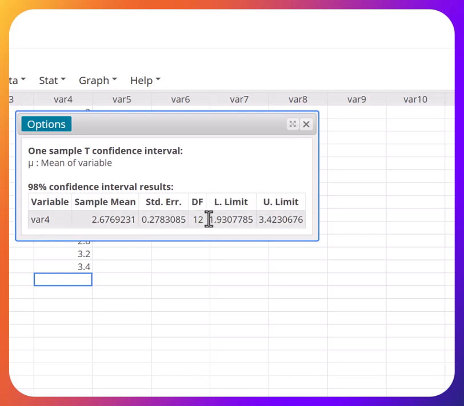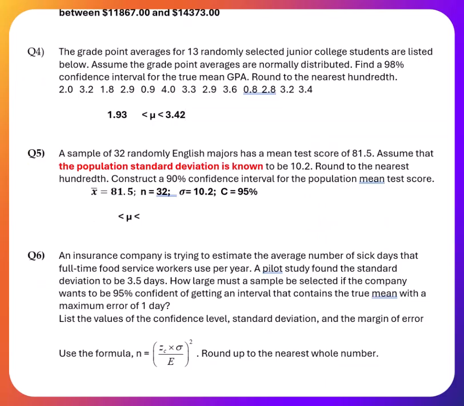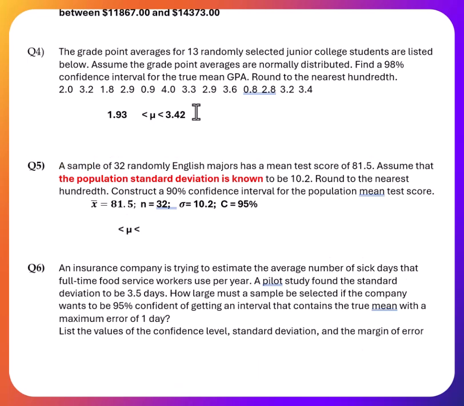This is the interval, guys. The lower limit is 1.93 and the upper limit is 3.42. So I go to my document. The mean is between 1.93 and 3.42. Interpretation. Let's type in the interpretation.